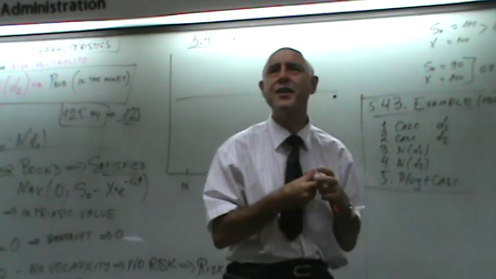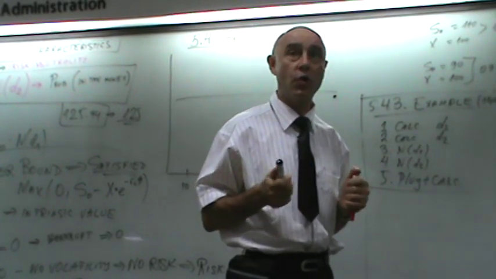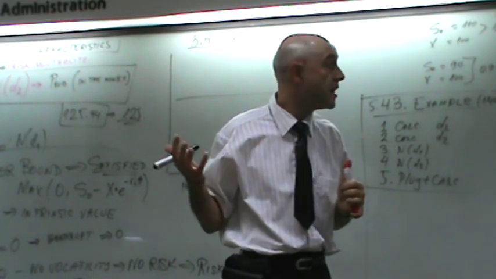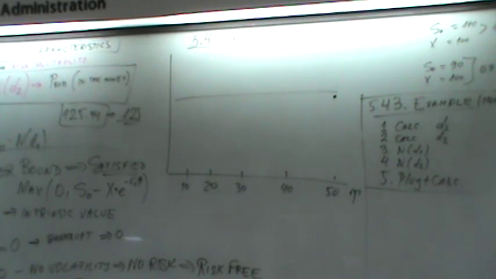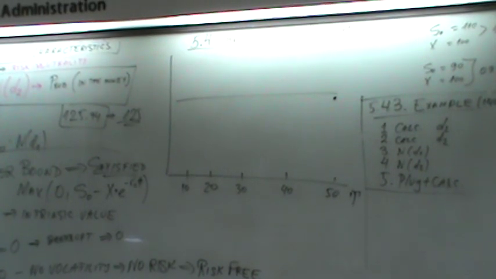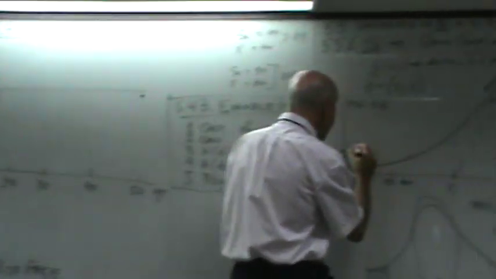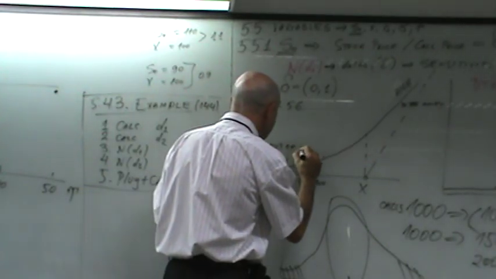What's the meaning of high and what's the meaning of low for the delta? High means in the money, and low delta means out of the money.